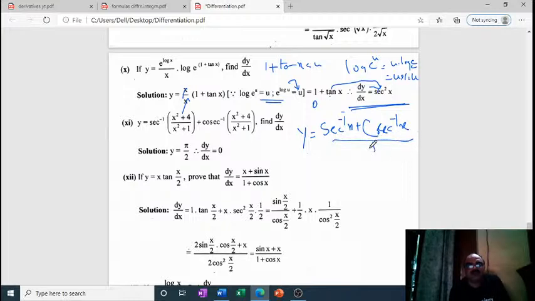What do we know about these two? Secant inverse x plus cosecant inverse x is pi by 2. If y is pi by 2, differentiation of this is constant, which will be 0.